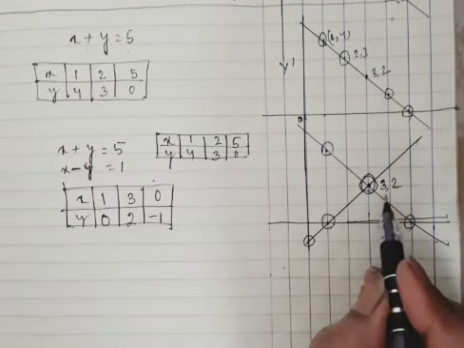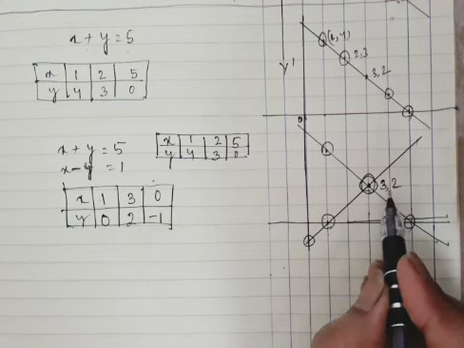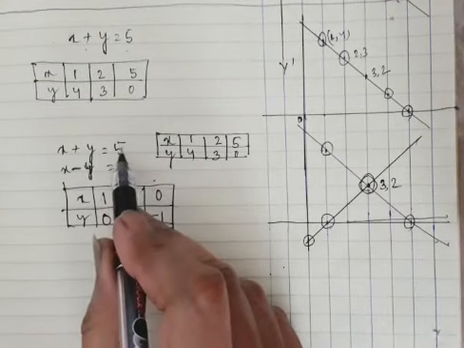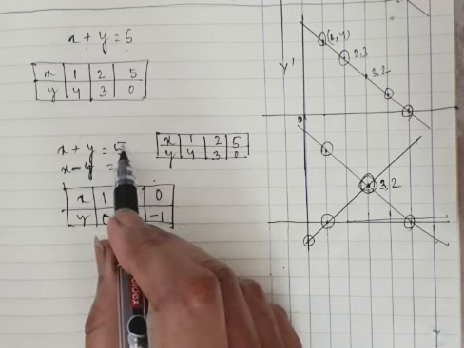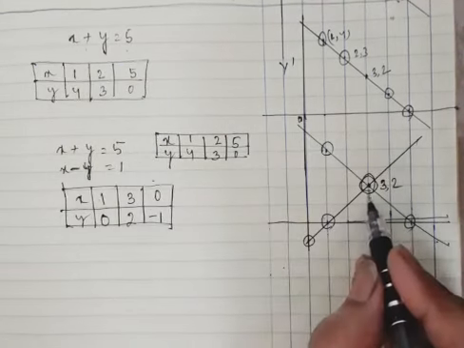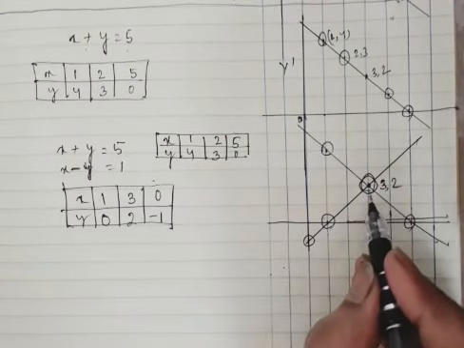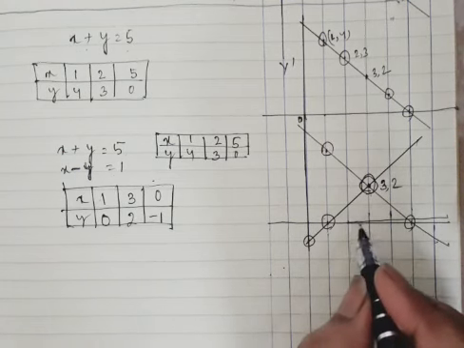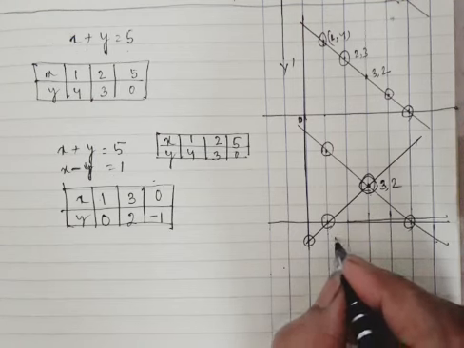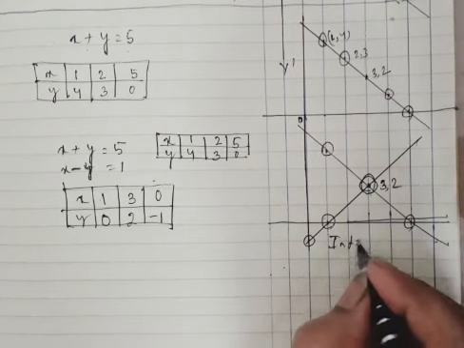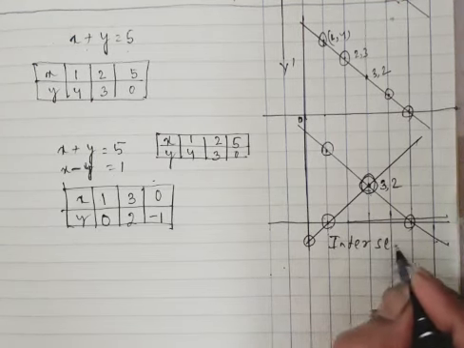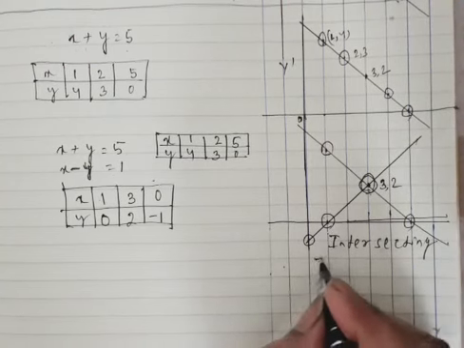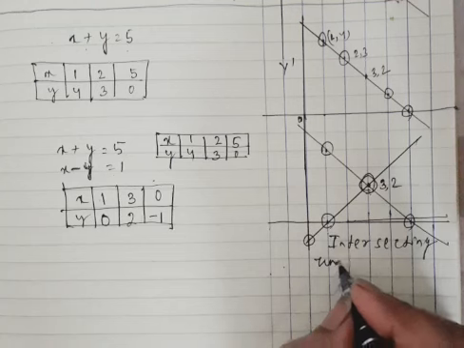Or we can say this 3, 2 is a common solution to both the equations. Here the pair of linear equations has a unique solution, that is, one and only one solution. So here we found the lines are intersecting, and they have a unique solution.